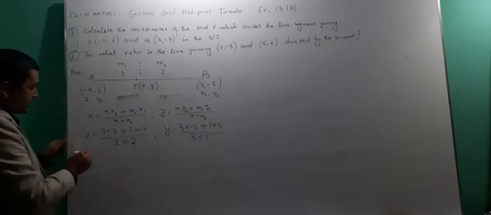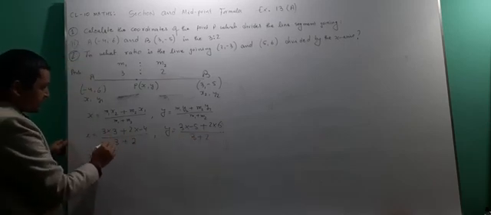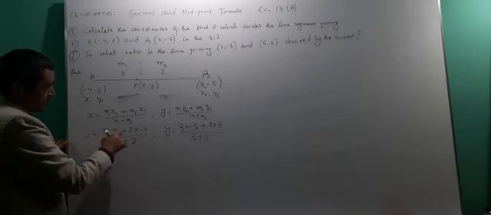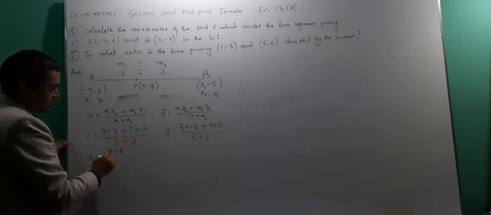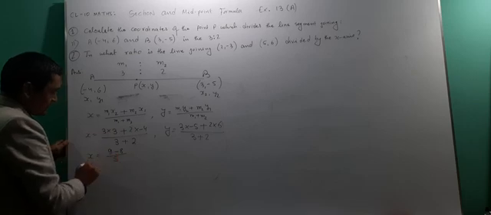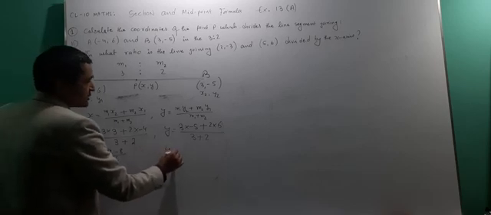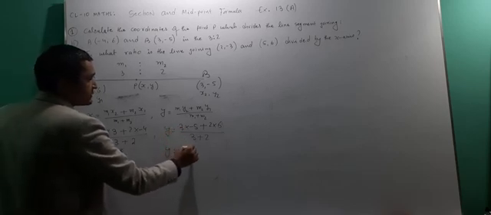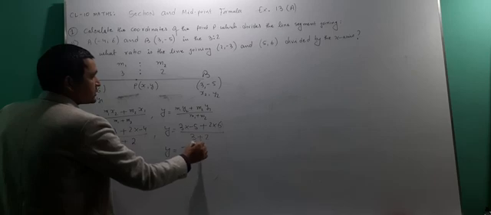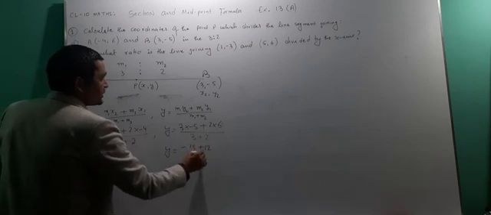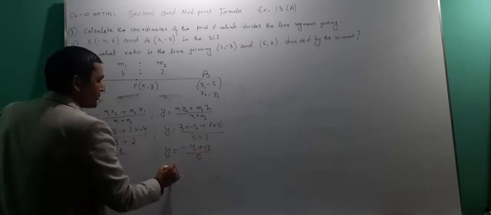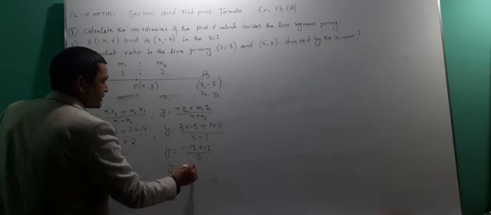Okay, now let's simplify. 3 3s are 9, plus minus 8, divided by 5, so x is equal to 1 divided by 5. Now y equals plus minus 3 5s are 15, plus 2 6s are 12, divided by 5, then y equals how much? -3 divided by 5.